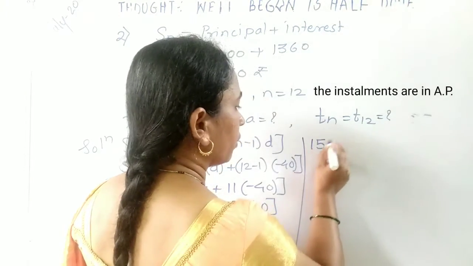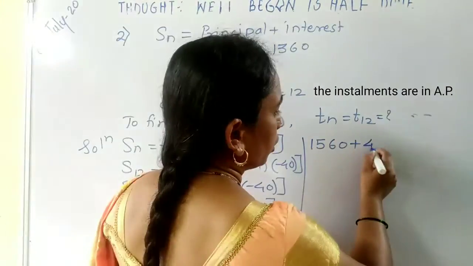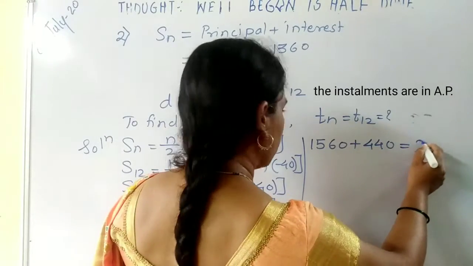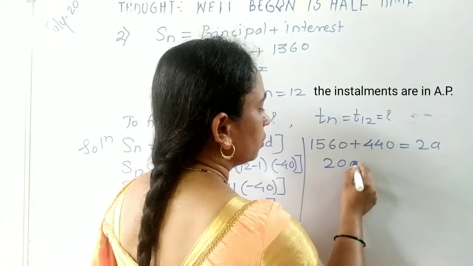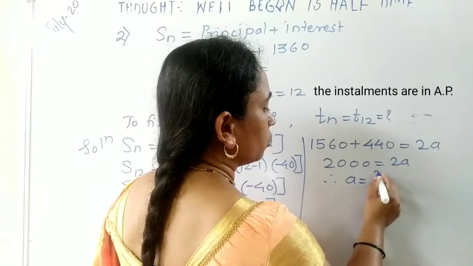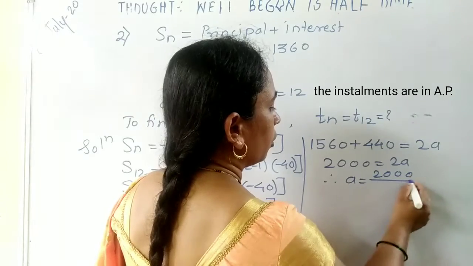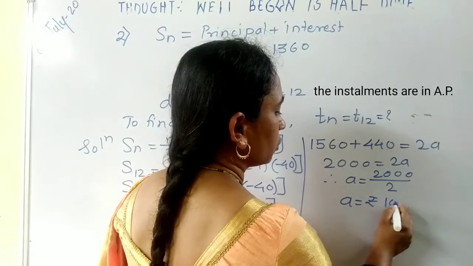So 1560 plus 440 is equal to 2a. Their addition is 2000, equal to 2a. Therefore, a is equal to 2000 upon 2. That means a is rupees 1000.